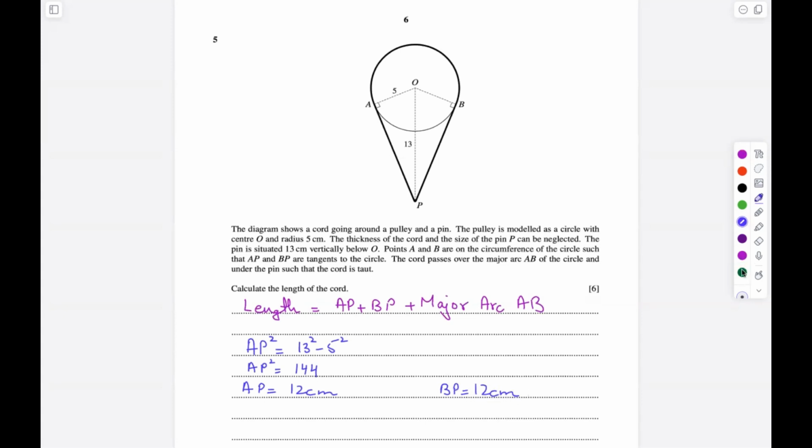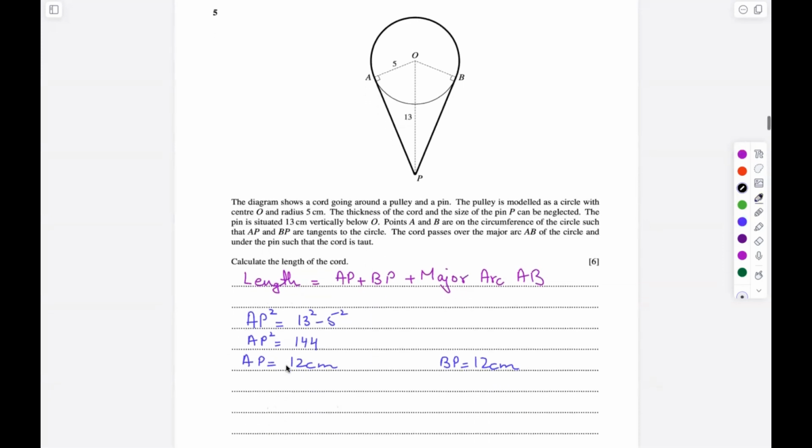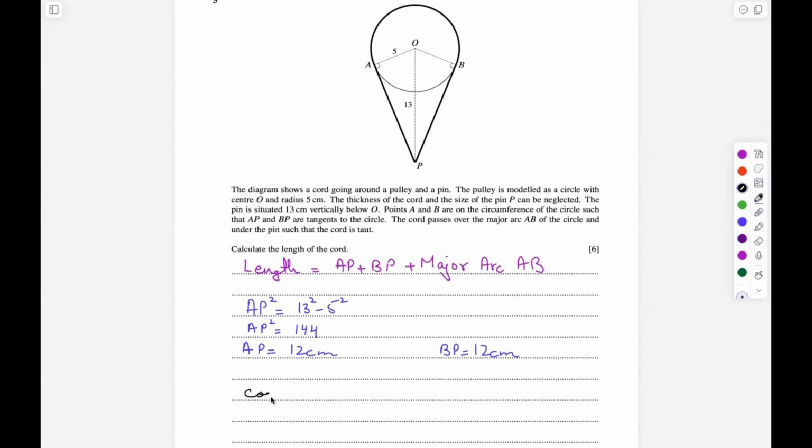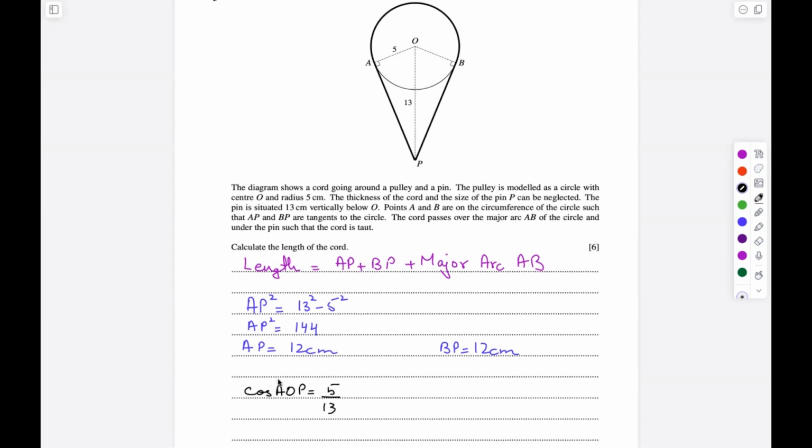To find the arc length of AB, first we'll have to find the reflex angle AOB. To do that, first we'll find the angle AOP. As it is a right angle triangle, cos of AOP will be equal to adjacent over hypotenuse, which is 5 upon 13. Taking cos inverse of 5 divided by 13, this angle will be 1.176 radians.